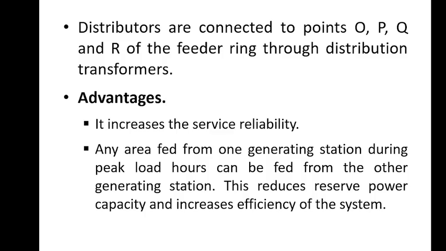So during peak load hours, areas that are normally supplied by one generating station can be supported or completely fed by another section, and this load sharing reduces the need for large reserve generating capacity and improves the overall efficiency and economic operation of the power systems.